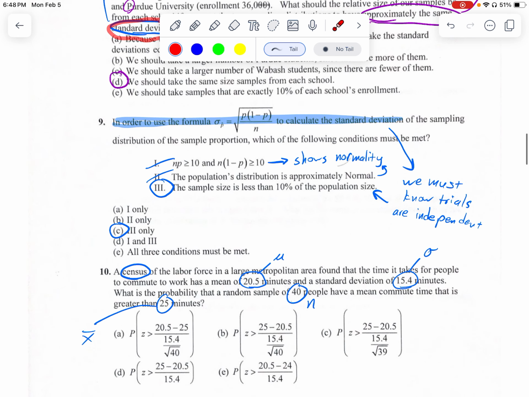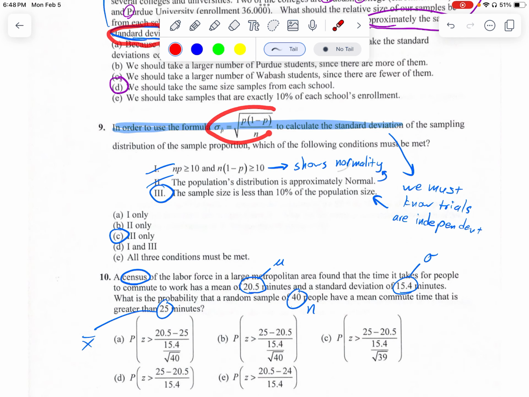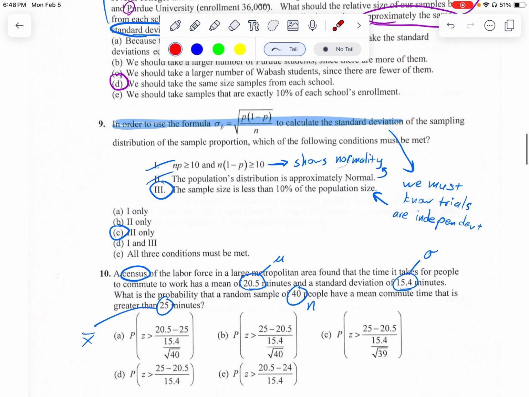Number 9, in order to use, here we go again, the standard deviation formula of the sampling distribution of a proportion, which of the following must be met? This is just making sure you know what these are. The 10 successes and 10 failures shows normality. That's not what we need. And does the distribution have to be normal? Nope.